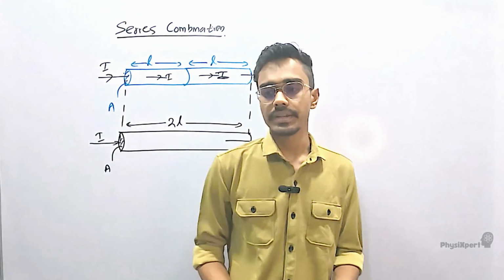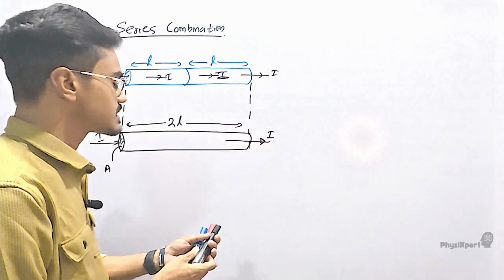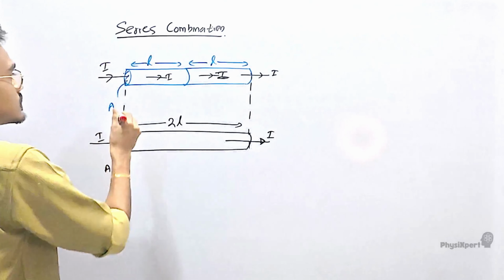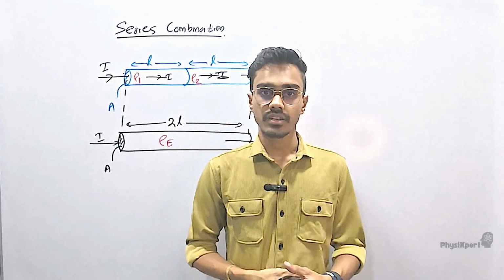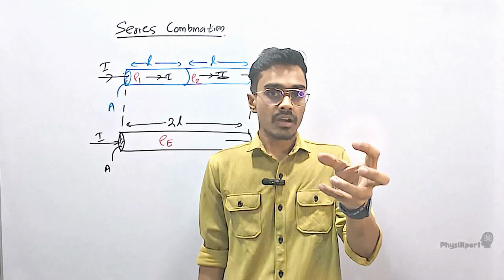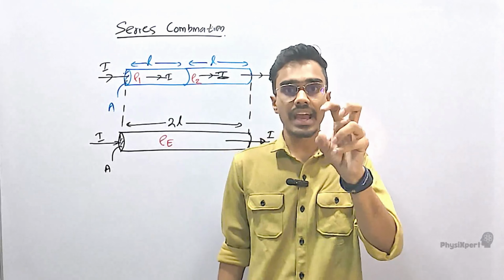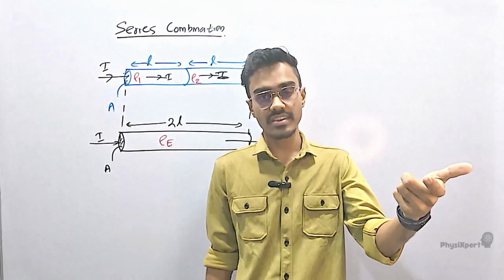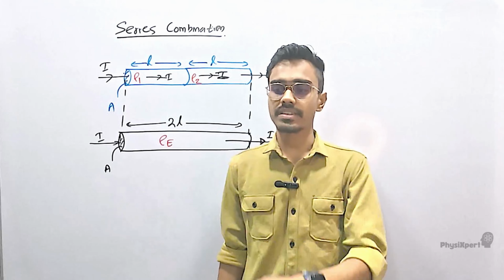Now, let's consider their resistivities as rho 1, rho 2, and rho E. Now we are interested in resistivities, but in the previous video I proved what happens with equivalent resistance. We are going to use that same idea and that proved equation to get an equation here.